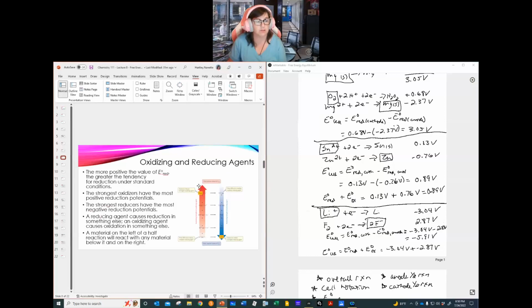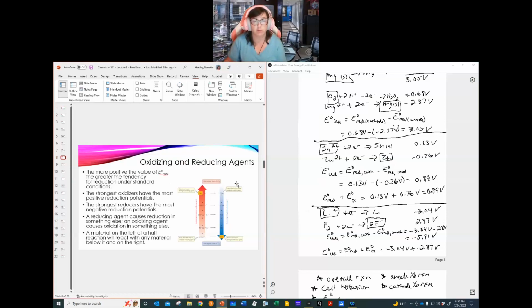Now, the more positive the value of E naught reduction, the greater the tendency for reduction under standard conditions. So if it's way up here, this F2 plus 2 electrons going to 2F minus, it's very positive, very likely that F2 is going to turn into 2F minus. It's very easy for F to pick up electrons to make that happen.